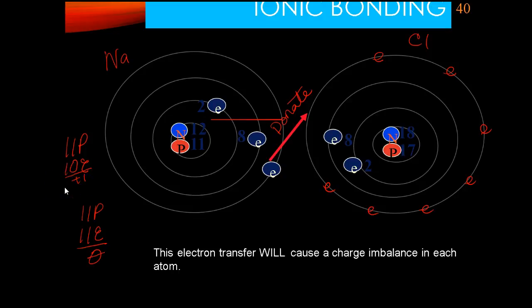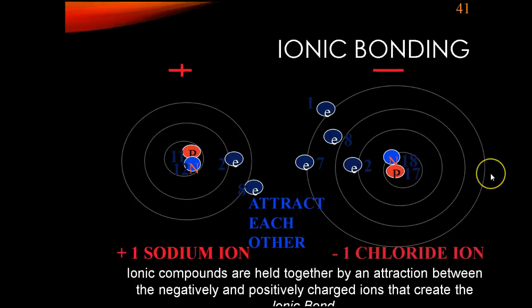All right. So he's donating, and let's move on to the next slide, which we've already been to like 12 times. All right. So it says that sodium would have a +1 charge because he lost one of his electrons. Chlorine picked it up. So now he has a total of 8 electrons in his outer shell.